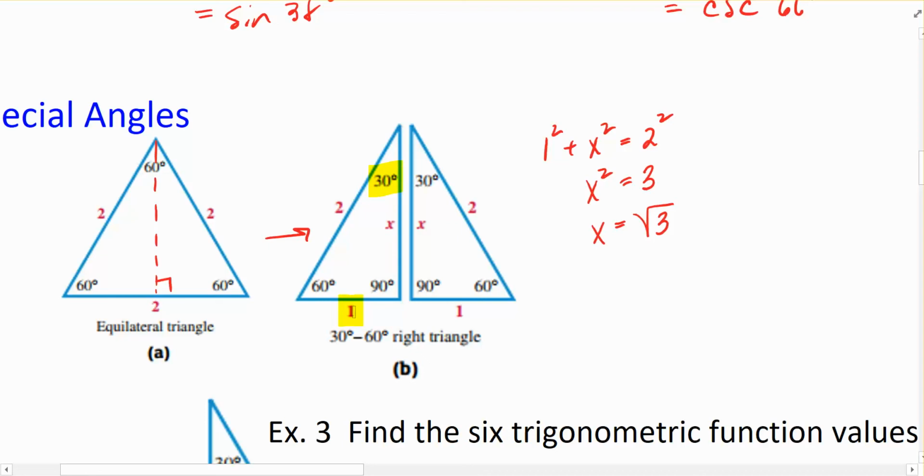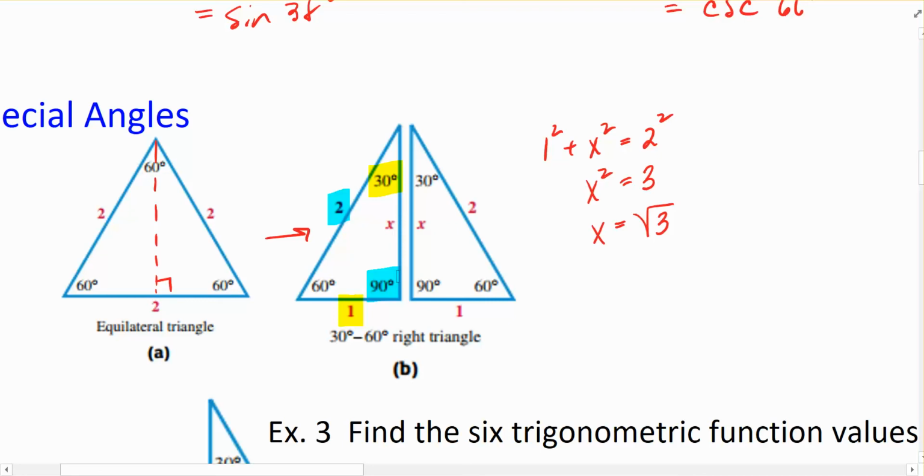So the 1 out of this pairing, because I remember 1, 2, and the square root of 3, has to fall across from the smallest angle, and the number 2, which is in fact greater than the square root of 3, has to fall across from the largest angle. So the largest side is always across from the largest angle, the smallest side is across from the smallest angle, and by process of elimination that tells me that this remaining leg has to be where the square root of 3 goes.